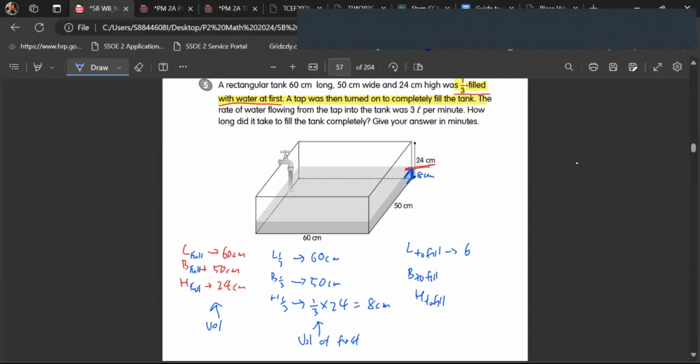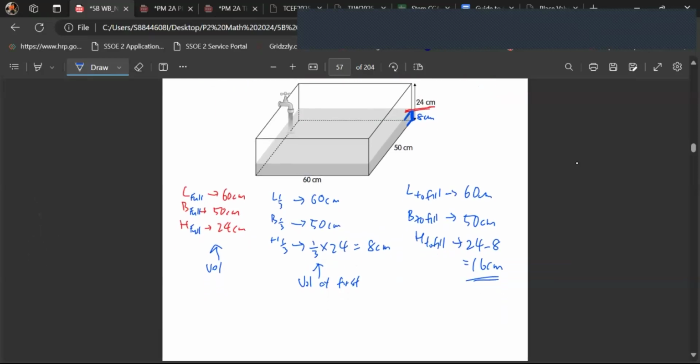I just find the height difference. So from here, this is the volume that we are looking for.